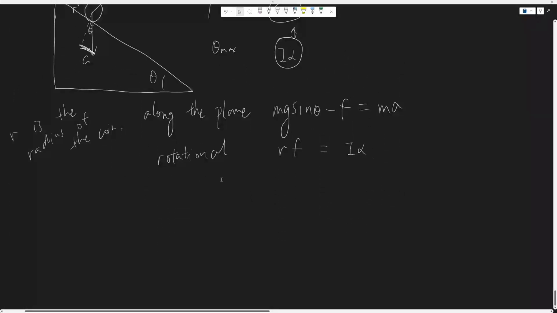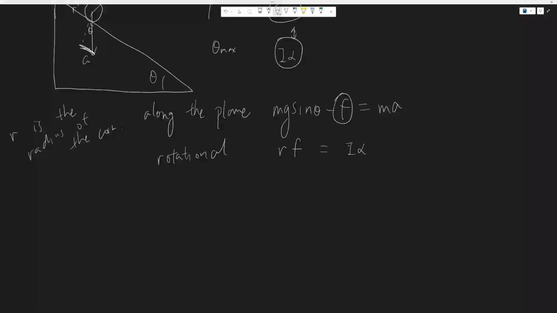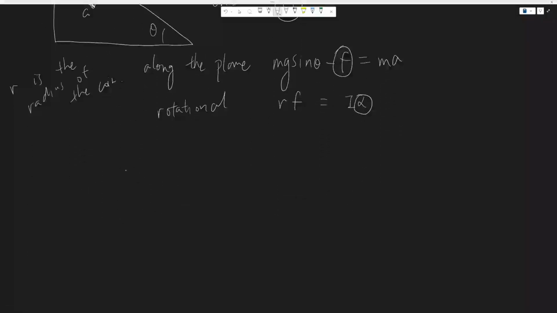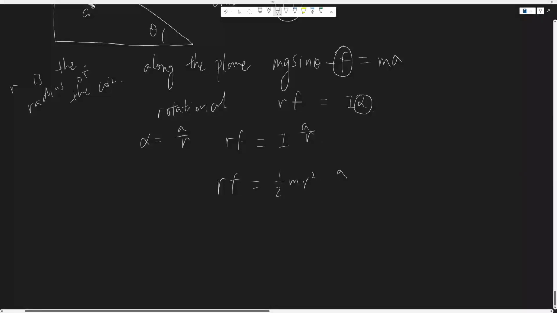Let's first solve for f here. From this condition, alpha equals a over r. So r f equals I times a over r, which is r times f equals half m r squared times a over r.